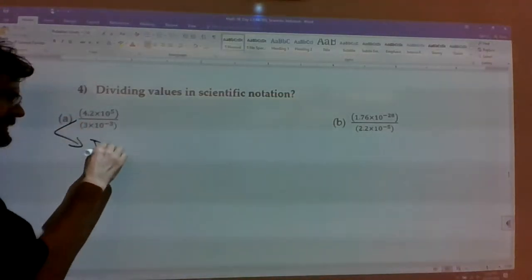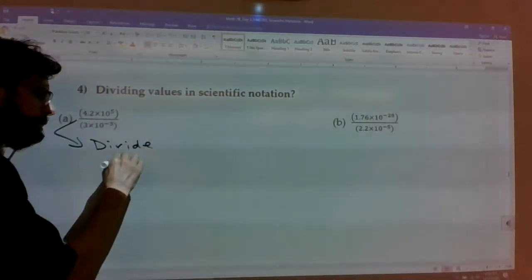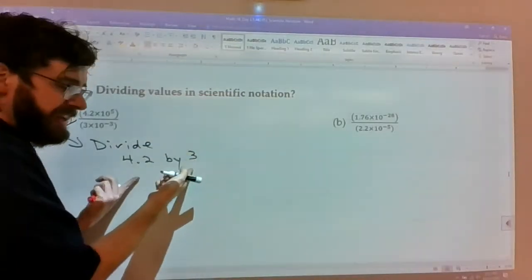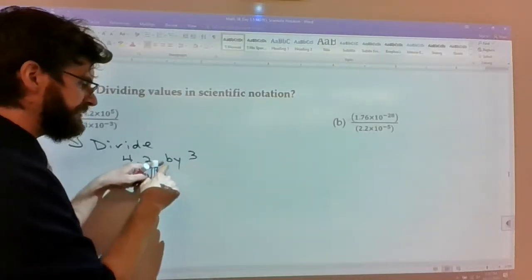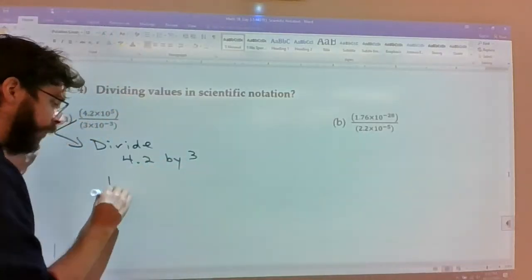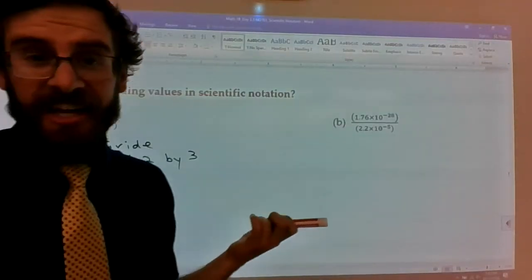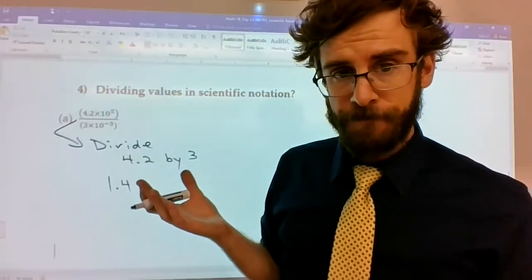So you're going to divide 4.2 by 3. So you're just going to calculate that. 4.2 divided by 3 is going to be 1.4. You can plug that in your calculator to check that out.